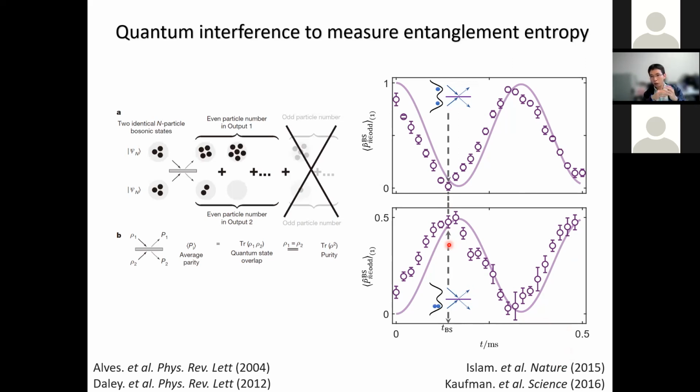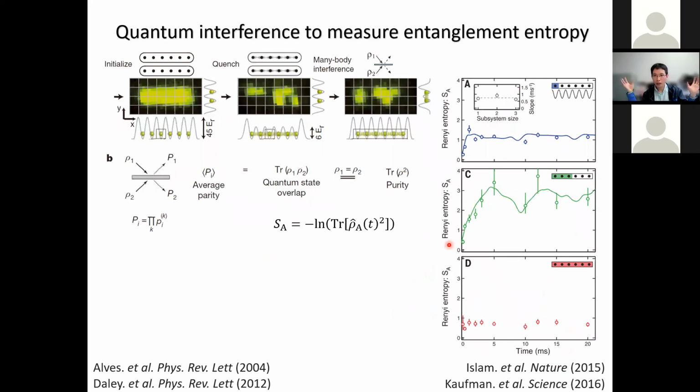And now, if you prepare the two systems in the same initial state for the interference, then you just get the purity of the state. And this can be extended to the many-body system by taking the product of all the interferences in the subsystems.